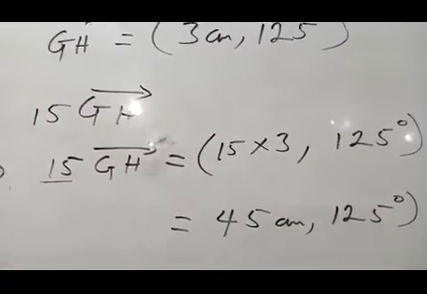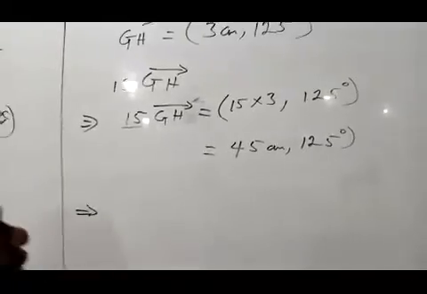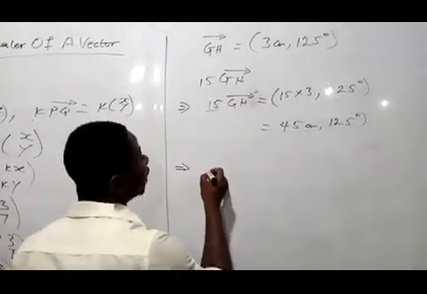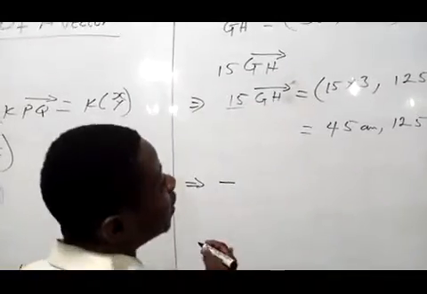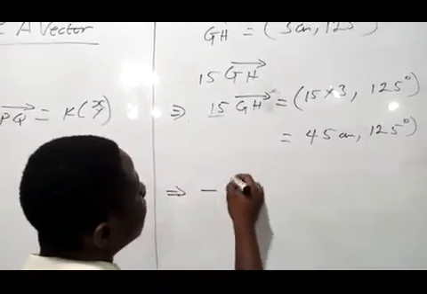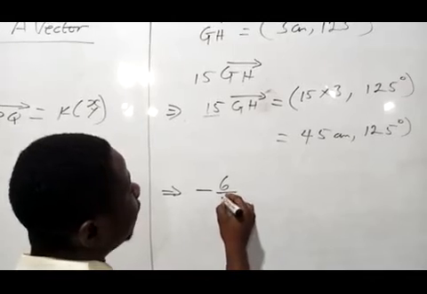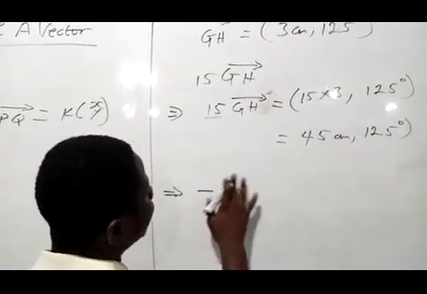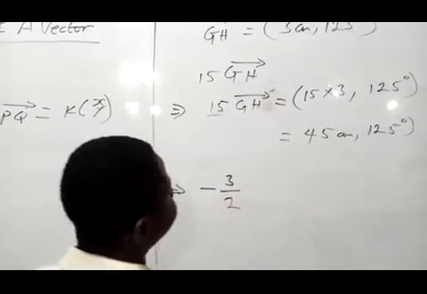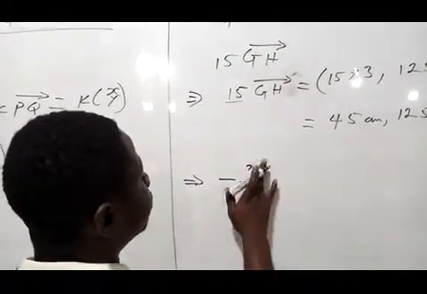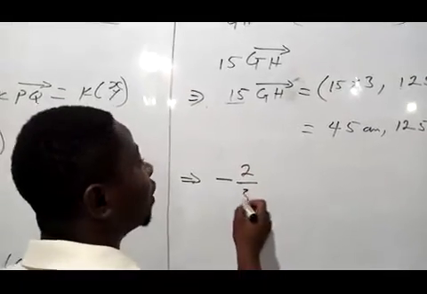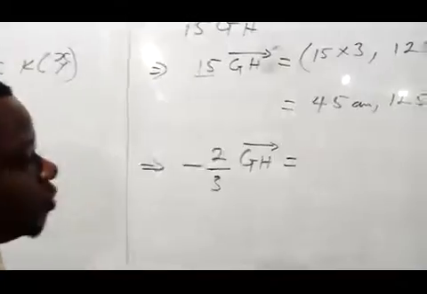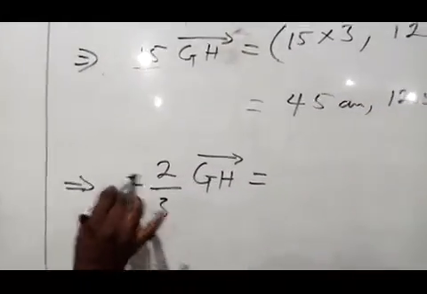But if we are dealing with a scalar that involves a negative number, assuming we have minus 2 over 3 GH, this time around you realize there's a negative there.